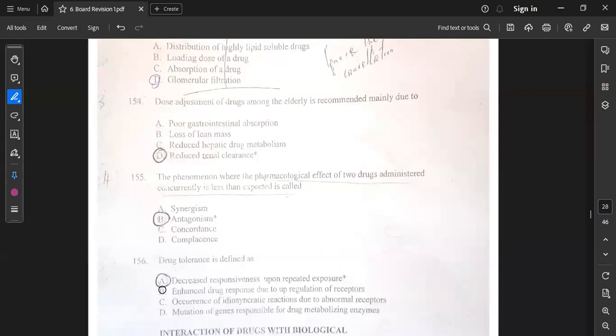We have gone through drug tolerance. We have defined it before, as a decreased responsiveness upon repeated exposure. How did you differentiate this from tachyphylaxis?